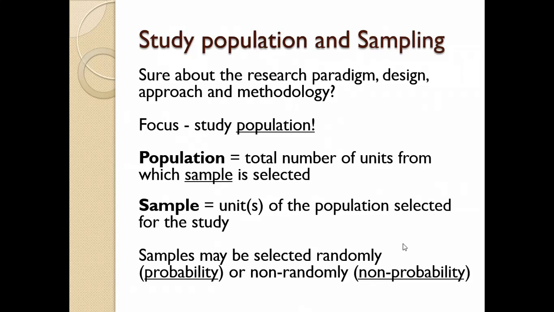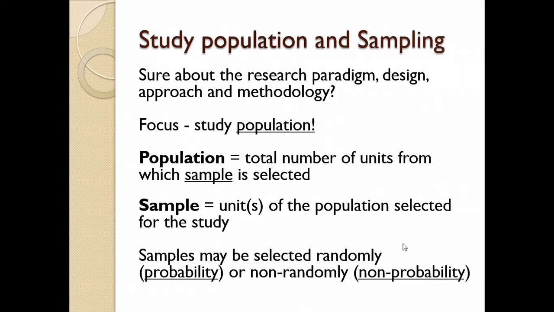Population means the universe of units, or the total number of units from which you sample those that you will involve in your study. And in this case, the sample equals the units of the population that you have selected for your study, the units that you have selected from the total population.